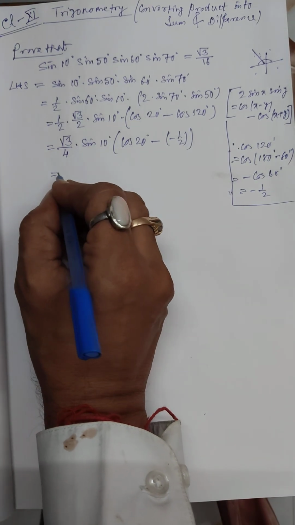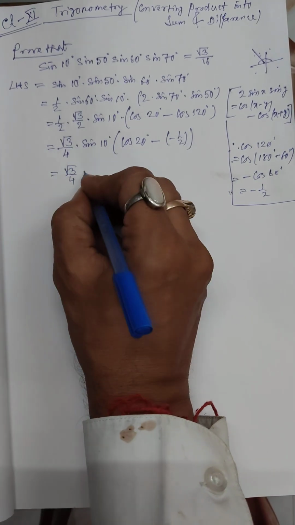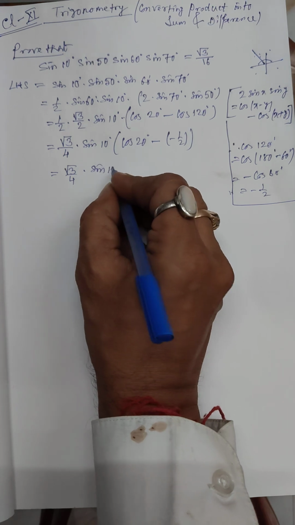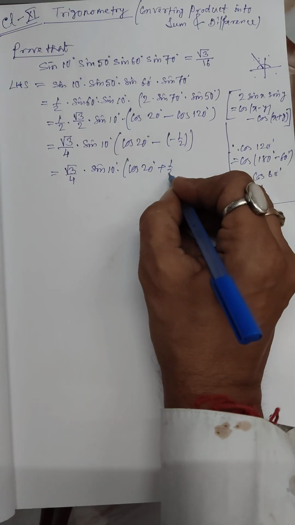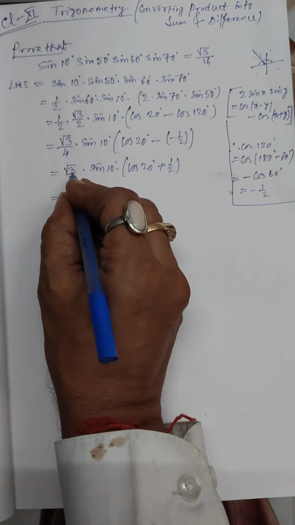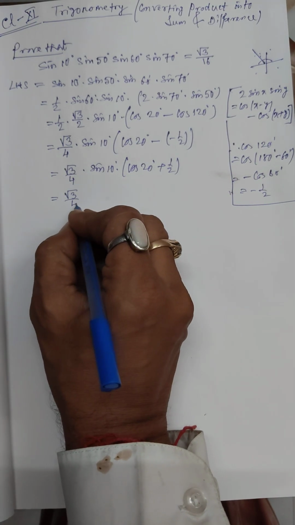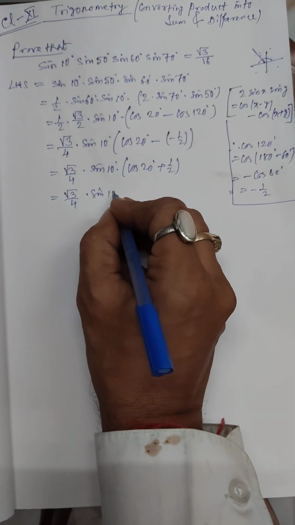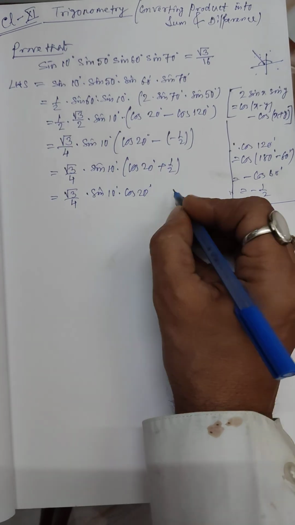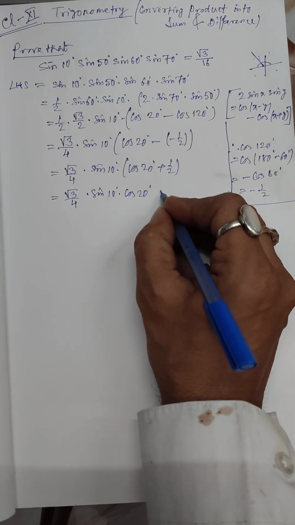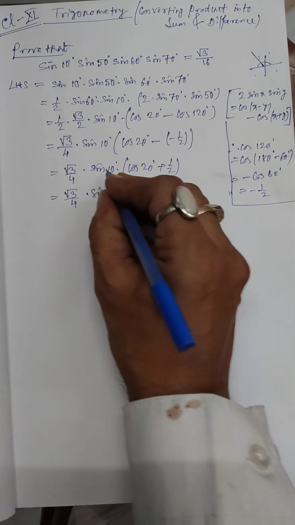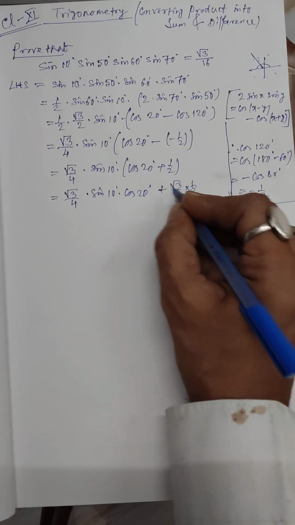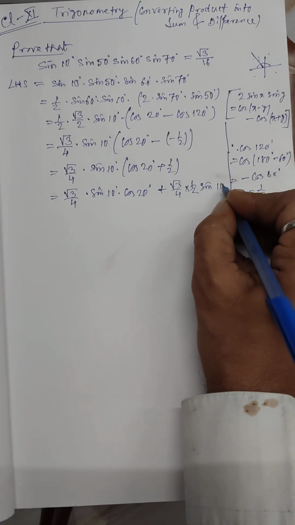So this is equal to root 3 by 4 into sine 10 degree into cos 20 degree plus half. So multiply root 3 by 4 sine 10 degree into cos 20 degree, plus root 3 by 4 into half into sine 10 degree.